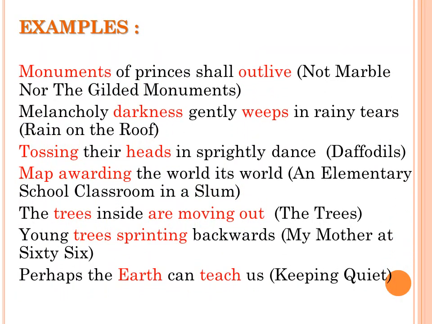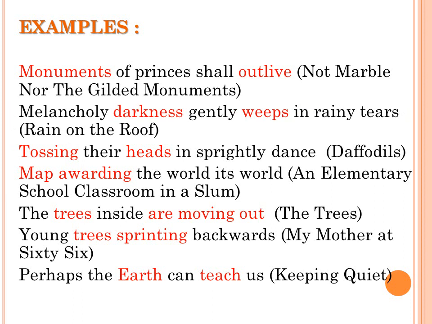Let's see the examples. Monuments of princes shall outlive. Here, monuments are described to outlive, which only human beings can do. Monuments cannot live or outlive, but they are presented to live or outlive more than somebody else.